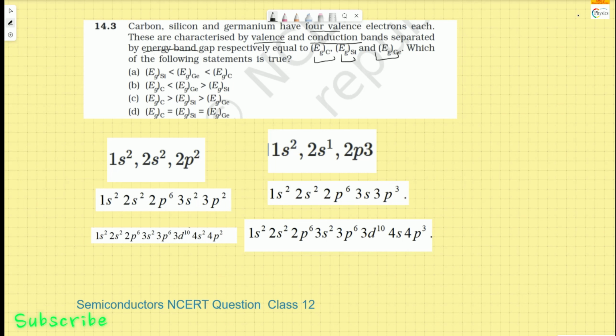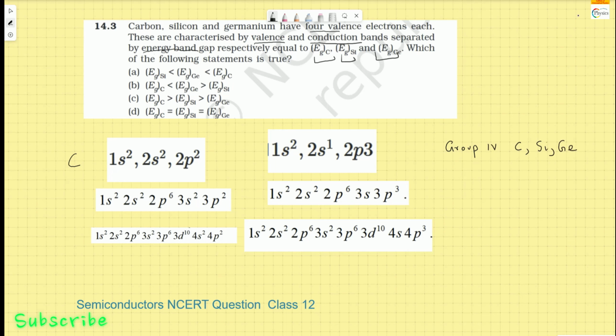So we have to organize the energy band gaps based on the values we know and the reasoning we know. This definitely is a tricky question, but I'll give you some deeper insight into the answer. So this is your carbon. In the periodic table, you have group 4, where you see carbon, silicon, and germanium.